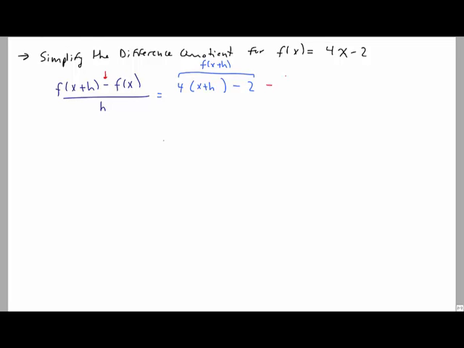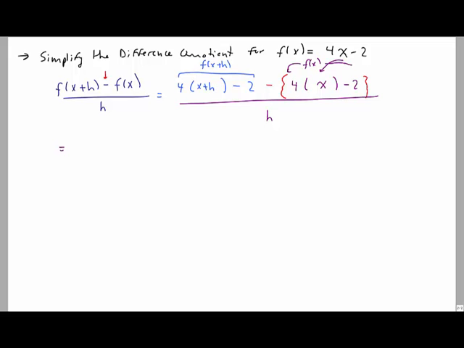I need to make sure I put up a set of curly braces because I'm going to be subtracting off a difference here, and if I don't have the curly braces up, the negative sign doesn't get distributed correctly. So again, I have 4, set up my parentheses for my variable. Now this says everywhere I have an x, I plug in an x, so that one's not so complicated. And this is all over h, and that comes directly from here. So this piece is just my f of x.